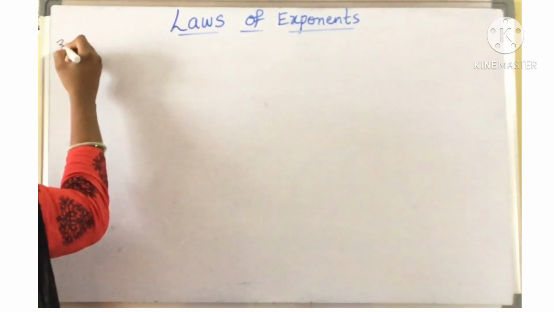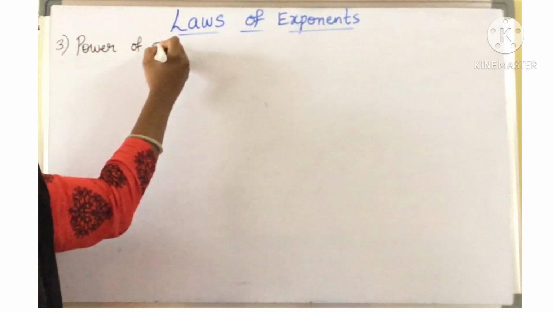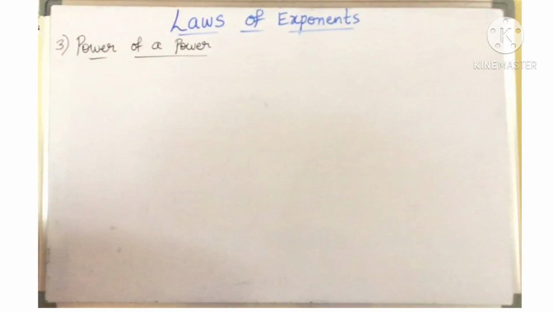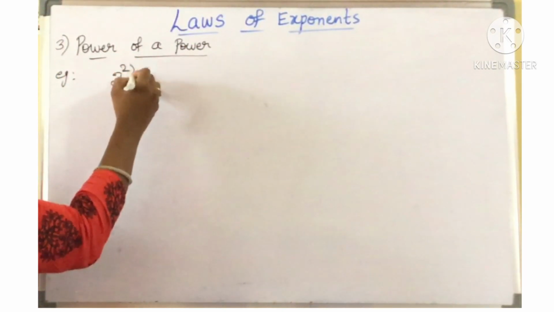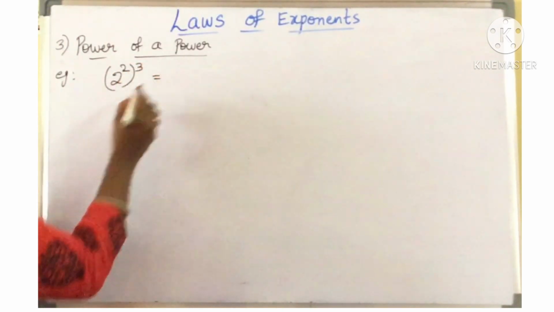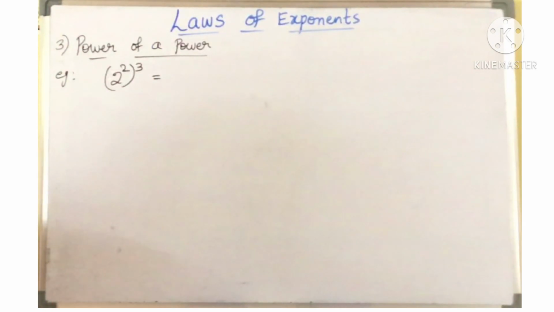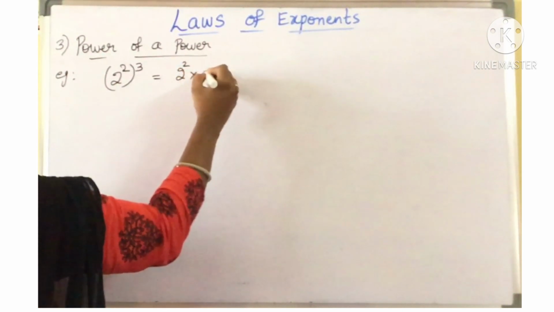Next, third one, power of a power. Here, for example, I take 2 square whole to the power of 3. Here, power of a power. Already 2 has a power and one more power is there. So that means power of a power. 2 square whole to the power of 3 means here I will multiply 2 square 3 times.